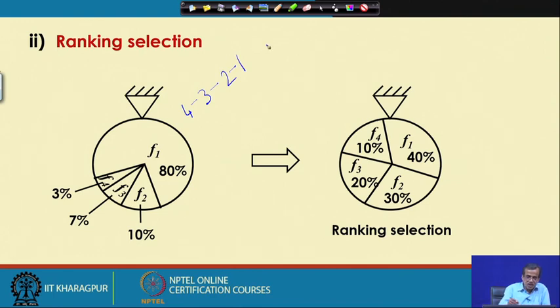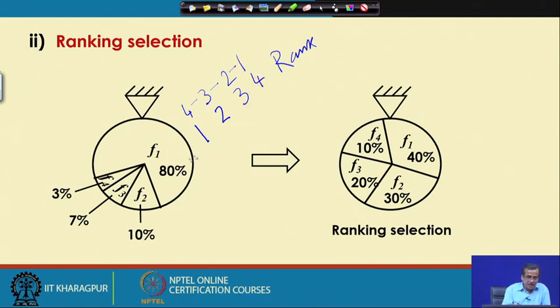Now, if this is the sorting in terms of fitness, we try to assign some rank. The string which is having the lowest fitness is assigned rank 1, the next higher is assigned rank 2, next is rank 3, next is rank 4.